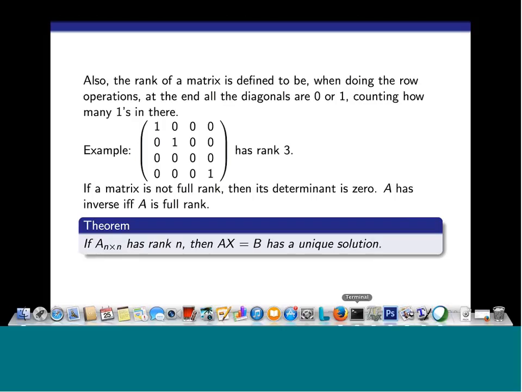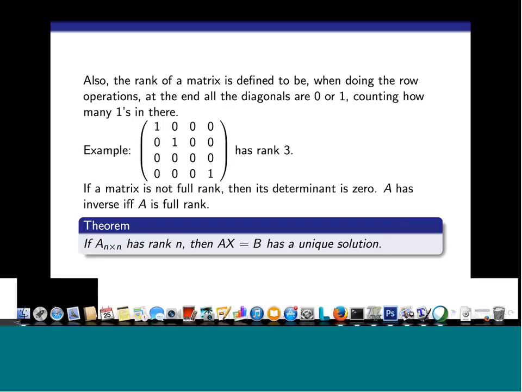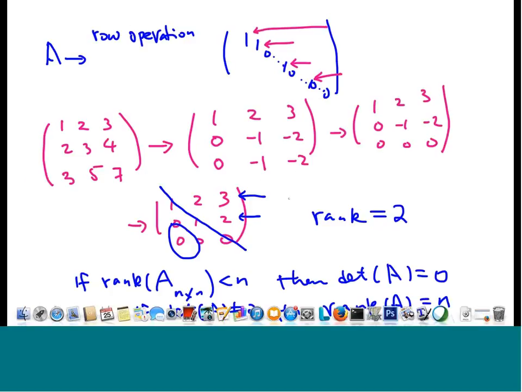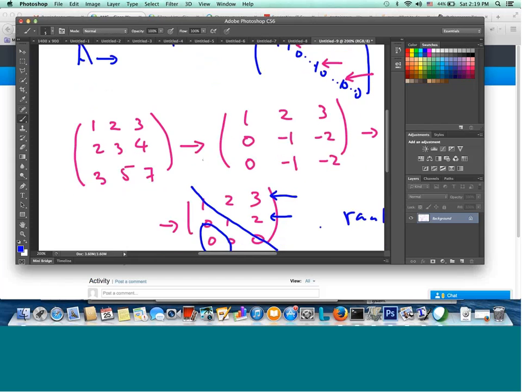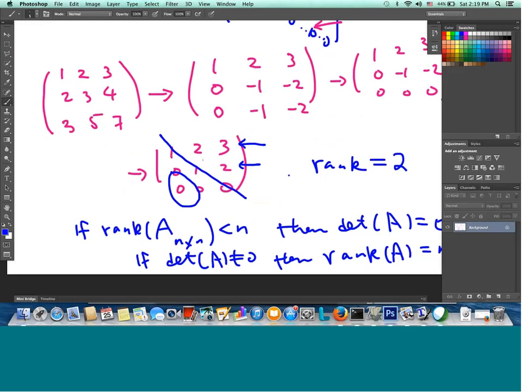If A has rank n, then Ax = b has a unique solution because A has an inverse.